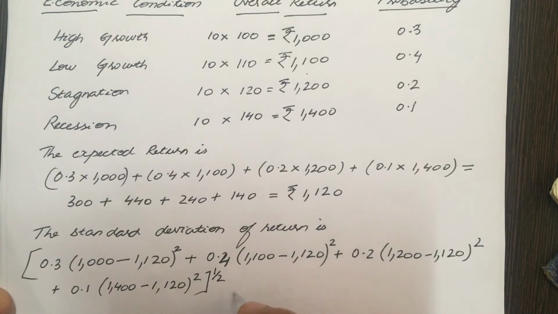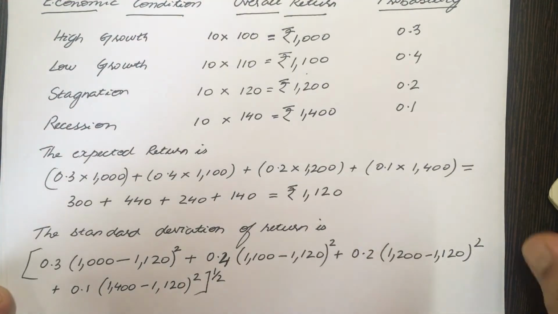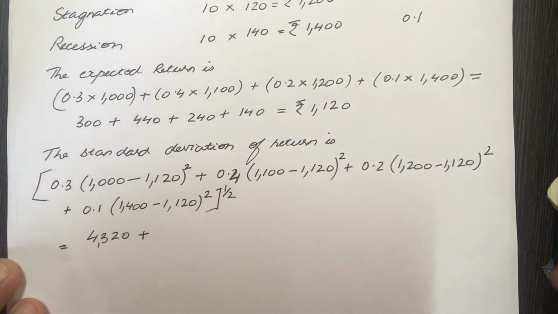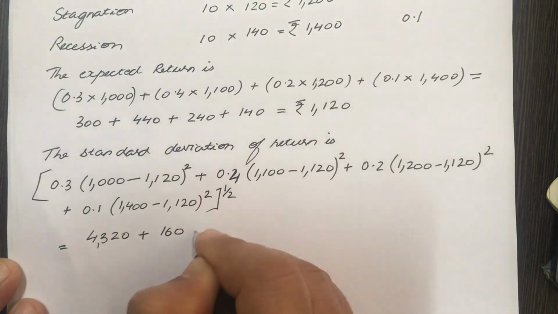All right, so that equals 1000 minus 1120 into 0.3, which is 4320. Plus 0.4 times the square of 1100 minus 1120, which is 160.